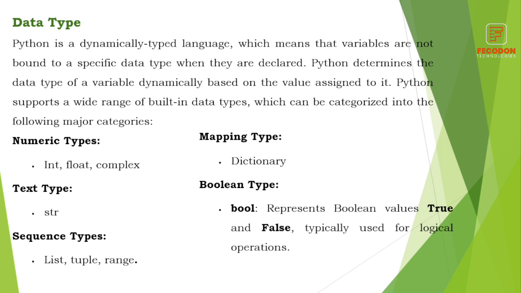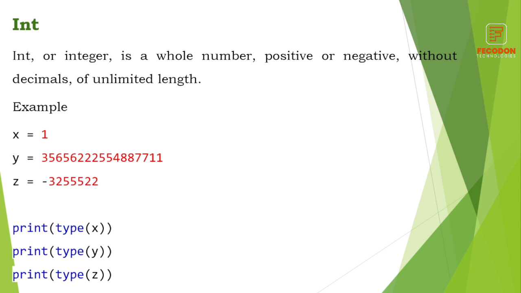Okay, so let's go over the number type. The number types are three. We have the integer, the float, and the complex. So what is an integer? Integer is all about whole numbers. Anytime you are creating a variable and you are feeding it a whole number, then it is an integer. Okay, so you can feed any whole number of any range.